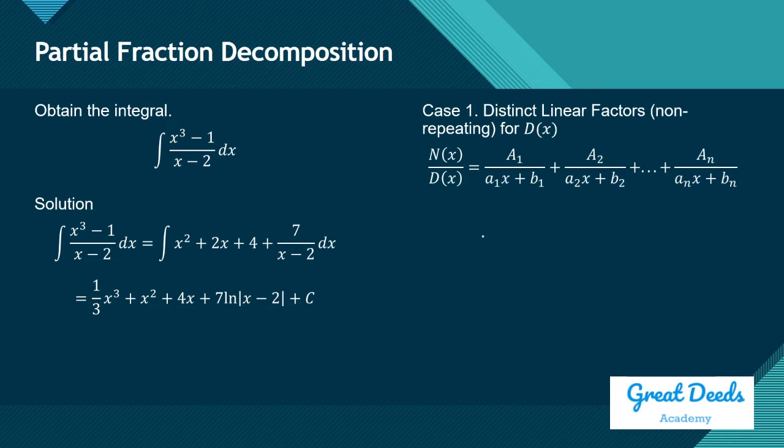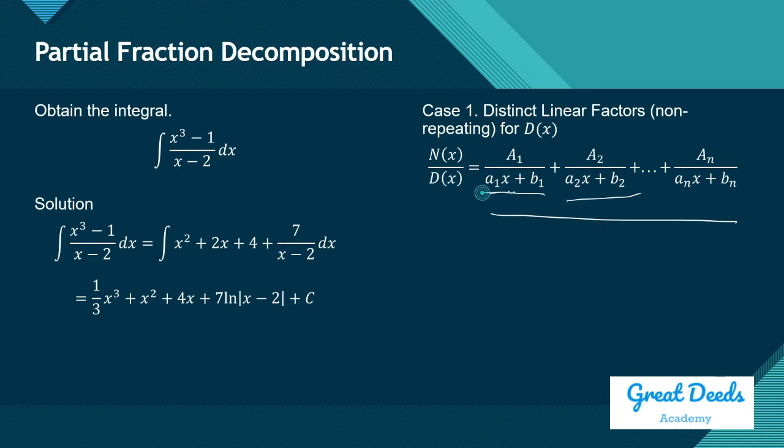N of x over d of x, our rational function, can be written as a sum of partial fractions. These are the linear factors: A sub 1 over a sub 1 times x plus b sub 1, plus A sub 2 over a sub 2 times x plus b sub 2, and so on and so forth.